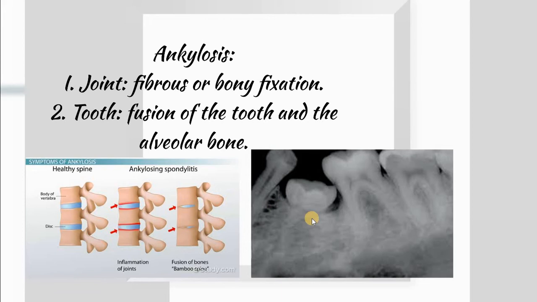Or in the teeth, we mean a fusion of the tooth with the alveolar bone directly without the presence of periodontal ligament and periodontal ligament spaces. And most of these teeth will face fracture, of course, during extraction.